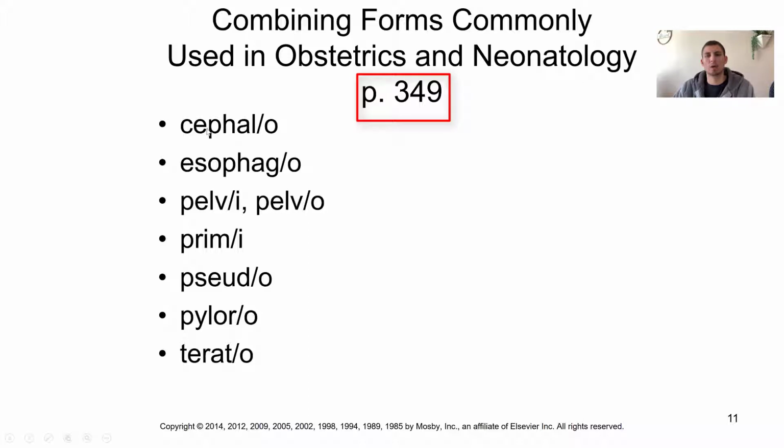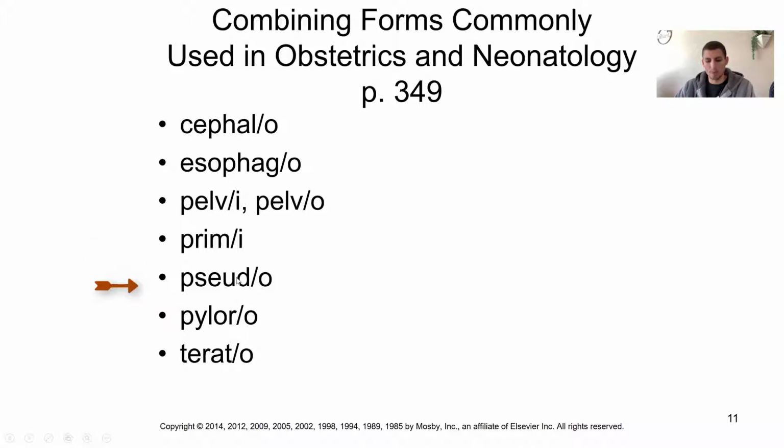So cephalo, or like cephalad, so again, towards the head. Esophago, meaning the esophagus. We learned about that in the respiratory system a little bit, and then we'll be learning more about that in the digestive system. Pelve, pelvi, pelvo, of course, around the pelvis and the pelvic bone. Prim, primi, relating to first, so think of primary here. This is that word root.